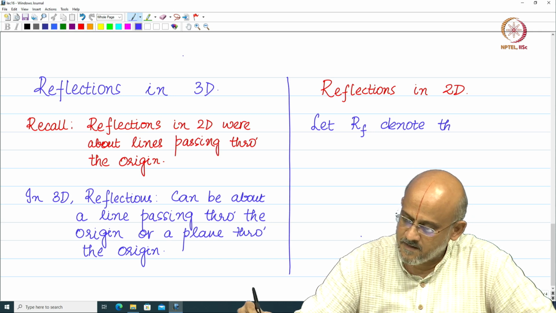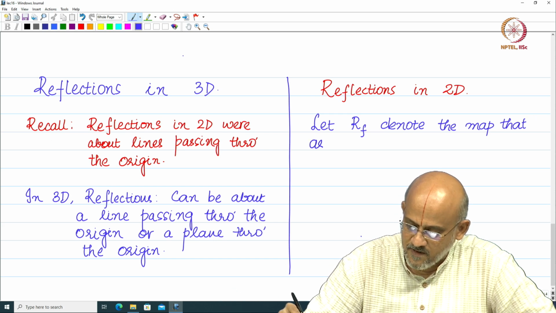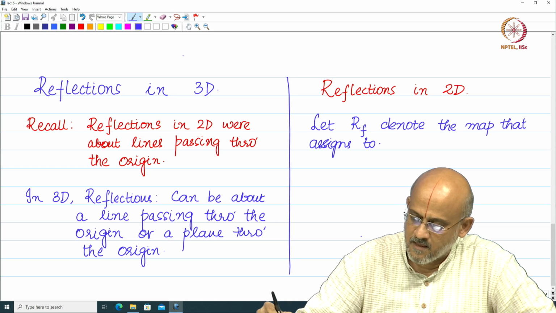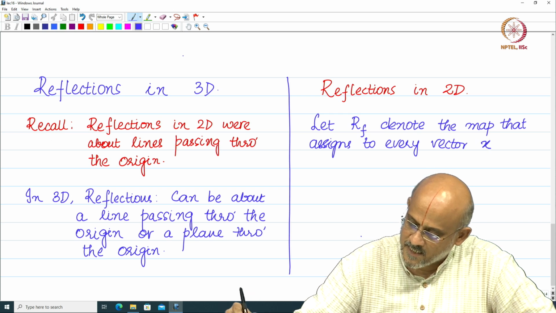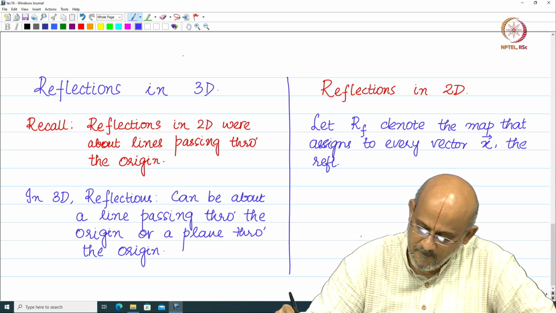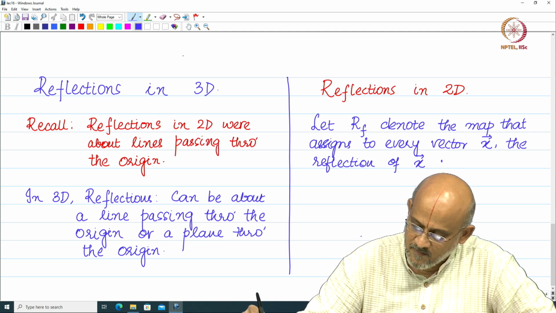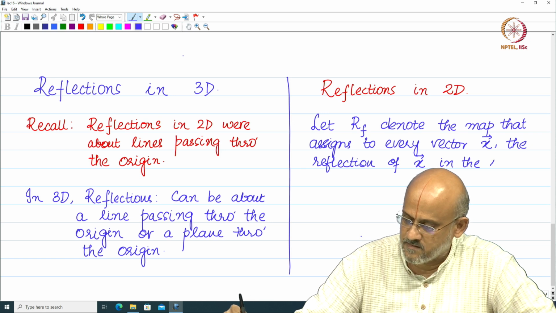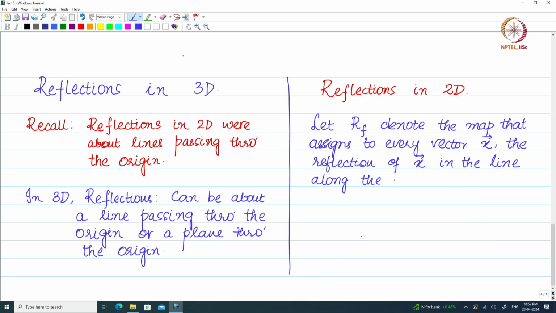the map that assigns to every vector, let us say x, the reflection of the vector x in the line along the vector u, which is let us say u1 u2.